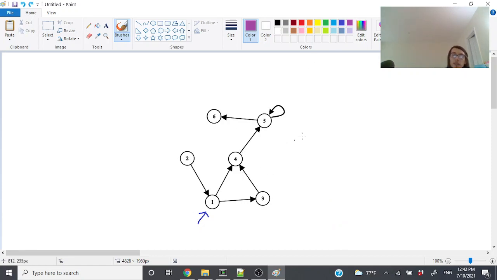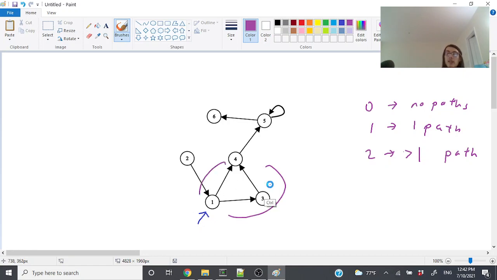In particular, it can be 0 for no paths. It can be 1 for one path. It can be 2 representing any number more than one path. So for example, we can have exactly 2 paths like this, or maybe another edge like this that's 3 paths, or we can have a billion paths or whatever, right?